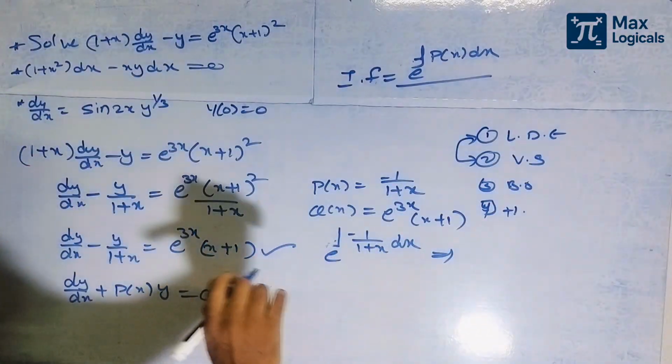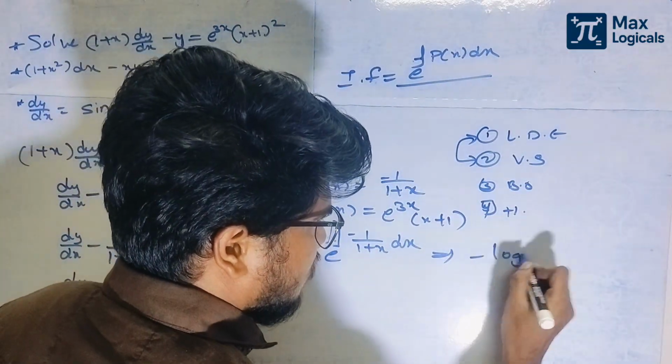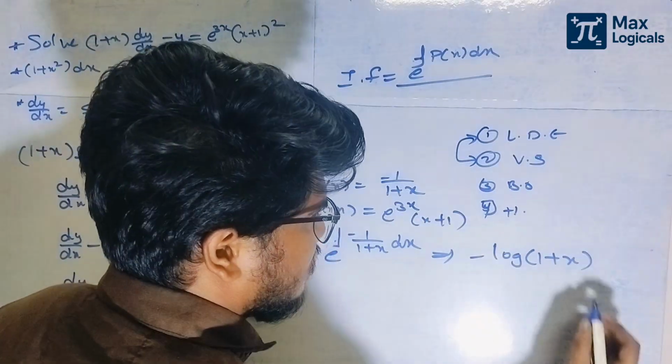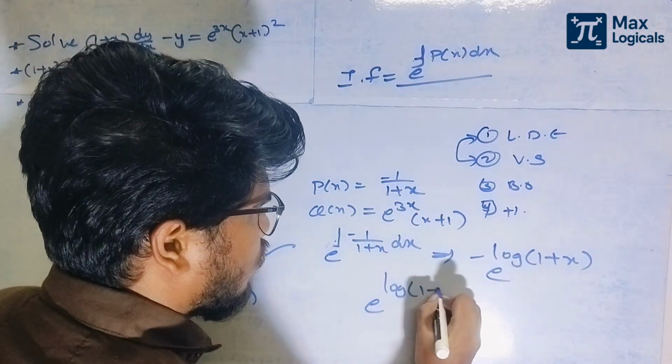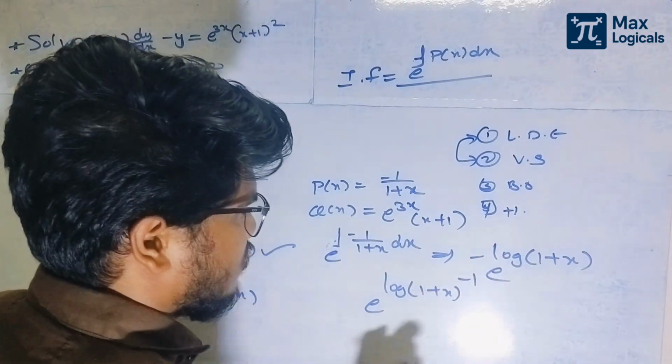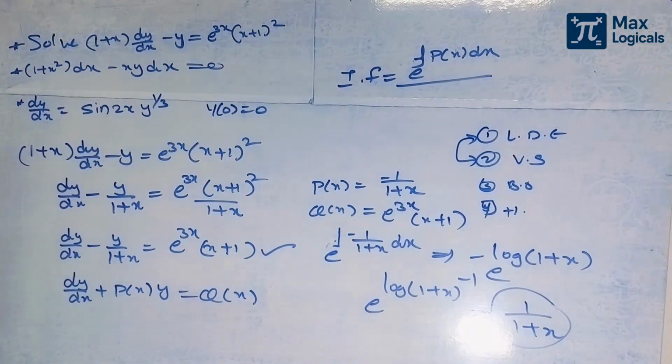The integration of 1/(1 + x) is log(1 + x), so we get e^(-log(1 + x)), that is (1 + x) inverse, which is 1/(1 + x). This is my integrating factor.